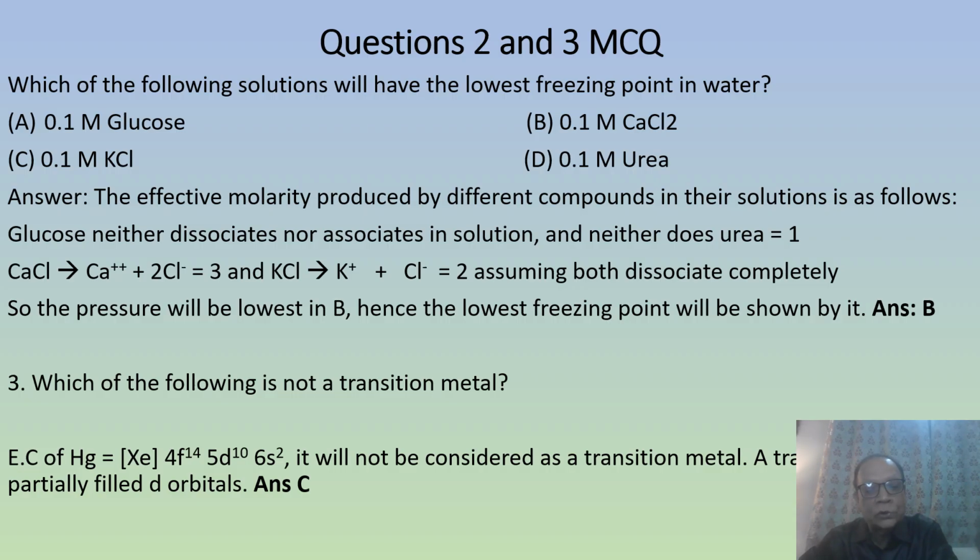All electrons are paired. It will not be considered as a transition metal. A transition metal has partially filled d orbitals. So the d orbital is fully filled or complete. Therefore, Hg is the obvious choice. I hope you got it correct.